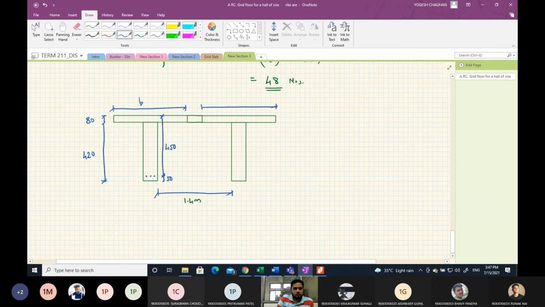This is B effective, which we will be calculating later in this example.